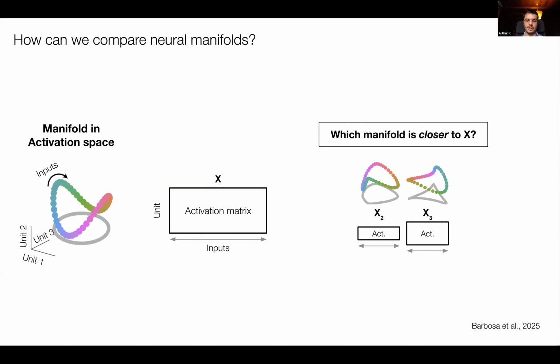Here, the first insight is that we are really passing the same inputs to the two networks, but the two networks might have, for example, different numbers of hidden units and different architectures and so on. And these works wanted to have a way to quantify the similarity between X and X2 and X3.